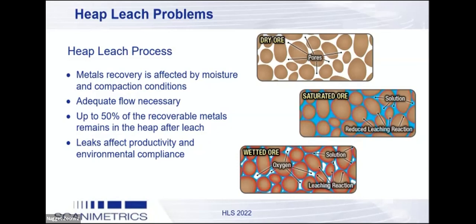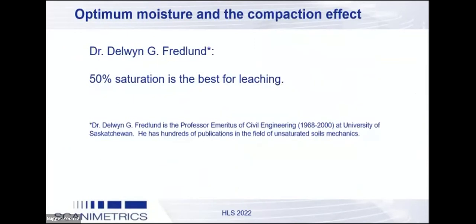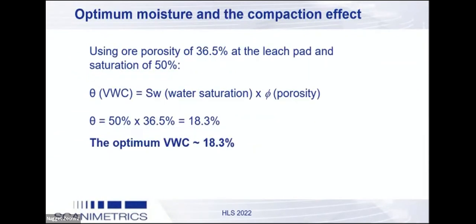Your metals recovery is affected dramatically by these things, and leaks contribute to productivity loss and environmental compliance issues. The literature has shown that there's an optimum level for leaching material, and a lot of research over the years has generally suggested that 50% saturation is the best amount for leaching.